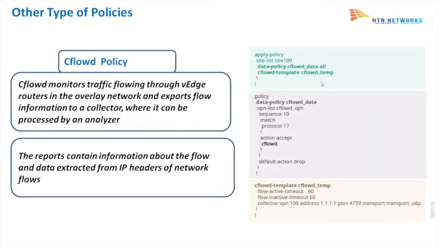So the next type of policy is cflowd policy. Cflowd basically monitors traffic flowing through the vEdge routers in the overlay network. This also came from Cisco terminology, where they call it NetFlow. NetFlow is basically whatever data is flowing in your network, and you want to analyze that data for various reasons.